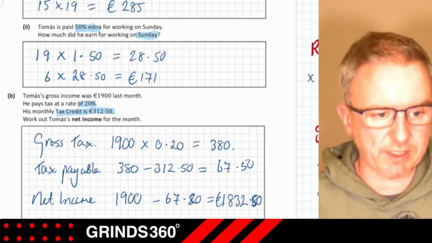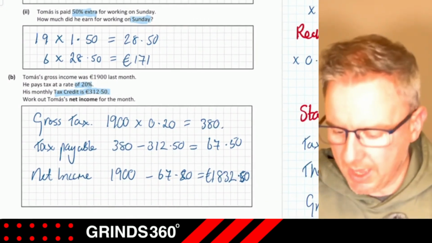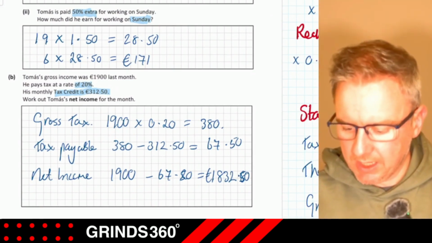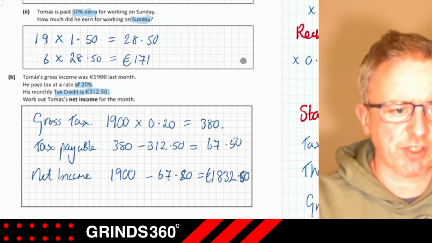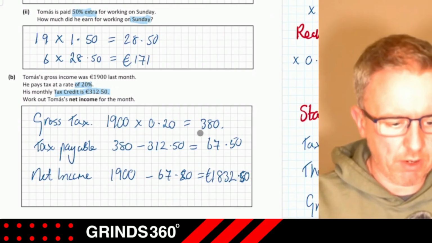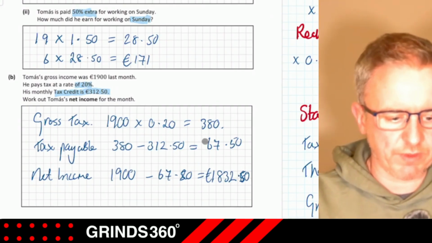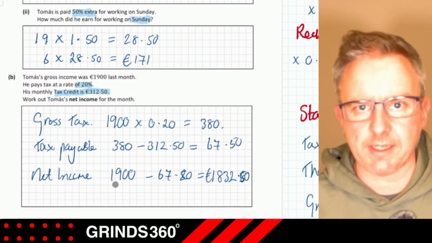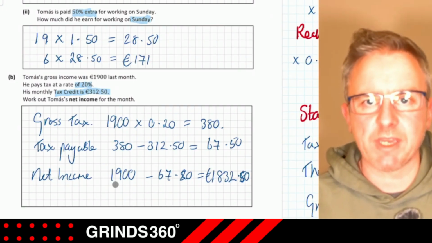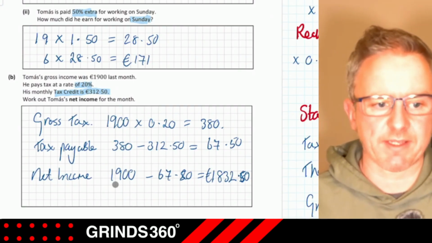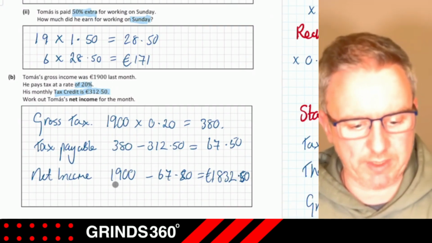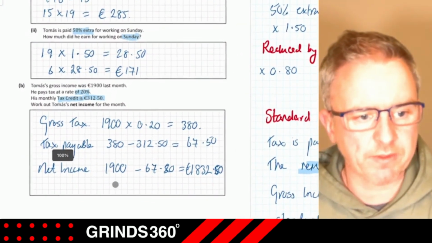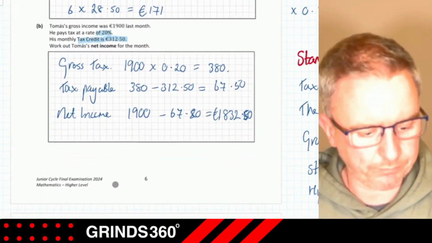So there were 3 different steps. And then what they said was, if you got any of those steps correct, so if you managed to get your gross tax correct, or you managed to subtract the gross tax from the net income, or you dealt with the tax credit, you were immediately on 7 out of 10. So that's 70%. So it's really, really important that we lay this out properly as we go through it. So they're the basic little things on that one.